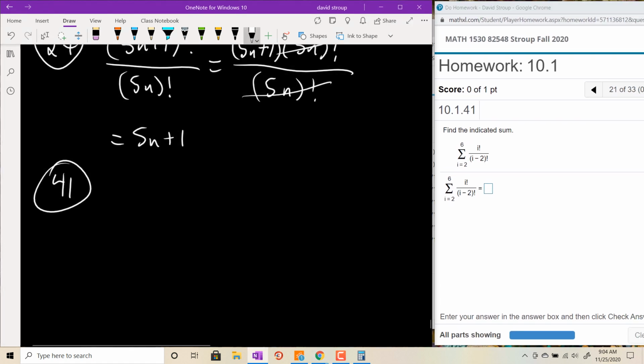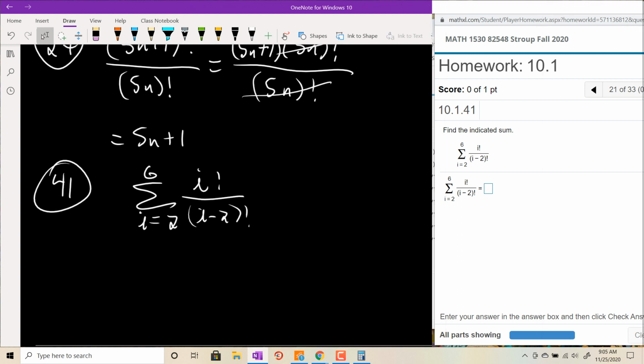Okay. So this is the sum from i equals 2 to 6 of i factorial all over (i - 2) factorial. In the beginning you're literally just plugging those numbers into the i formula. So you're starting at 2.